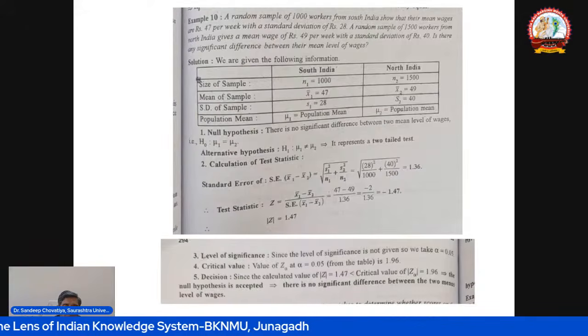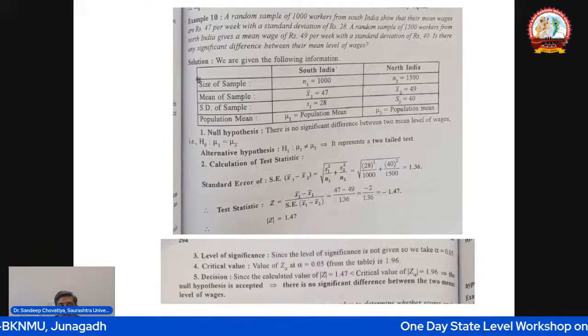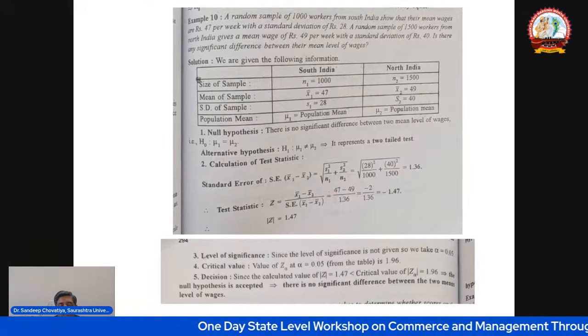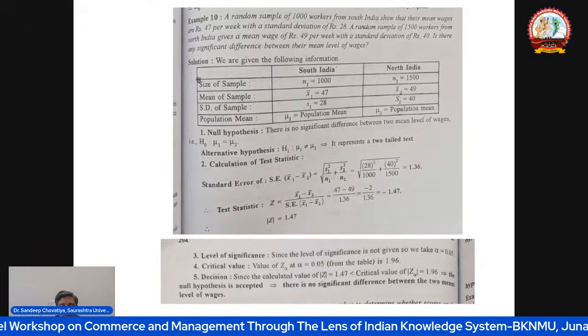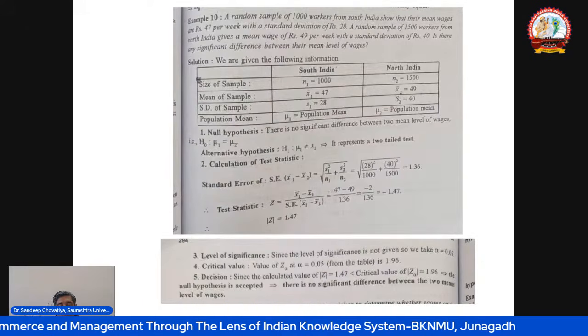So the decision is that since the calculated z is less than the critical value z alpha 1.96, the null hypothesis is accepted and there is no significant difference between the two mean levels of wage.